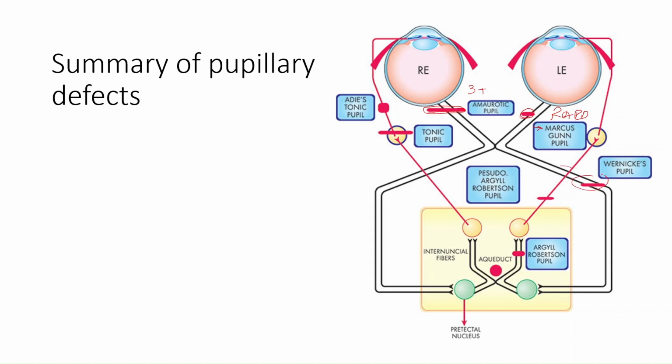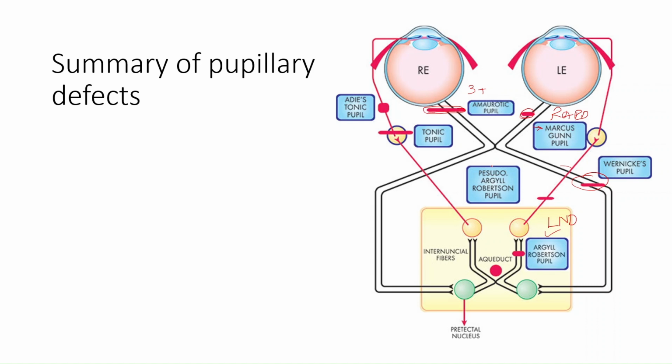Affection of the optic tract will give you Wernicke's hemianopic pupil, which we have discussed in the previous class. Affection of the pretectal area will give you the Argyll Robertson pupil, characterized by light-near dissociation. Argyll Robertson pupil is seen in neurosyphilis, diabetes, usually a bilateral condition, characterized by smaller pupils.